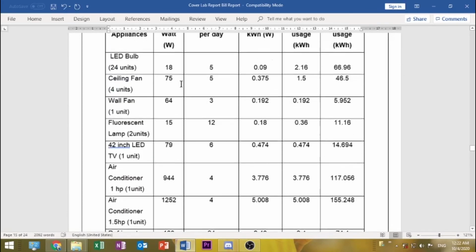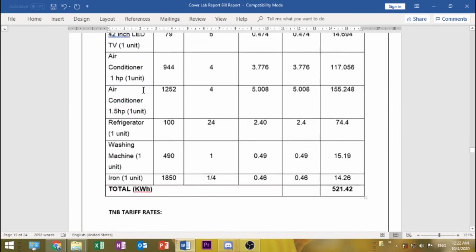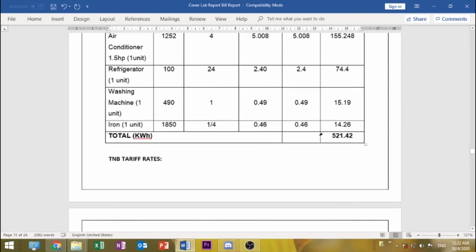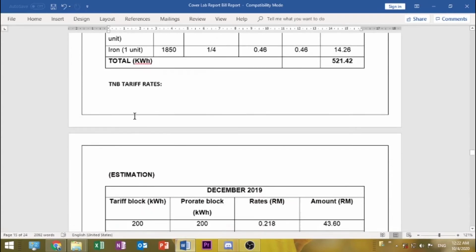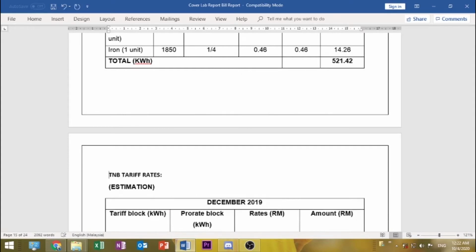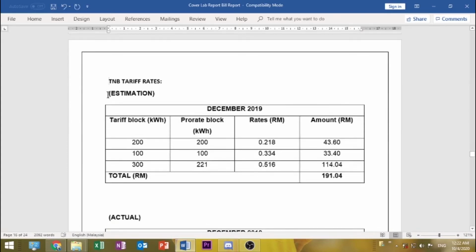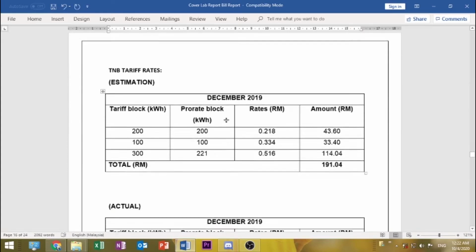I did it for all the other appliances and received an estimated total of 521.42 kilowatt hours.